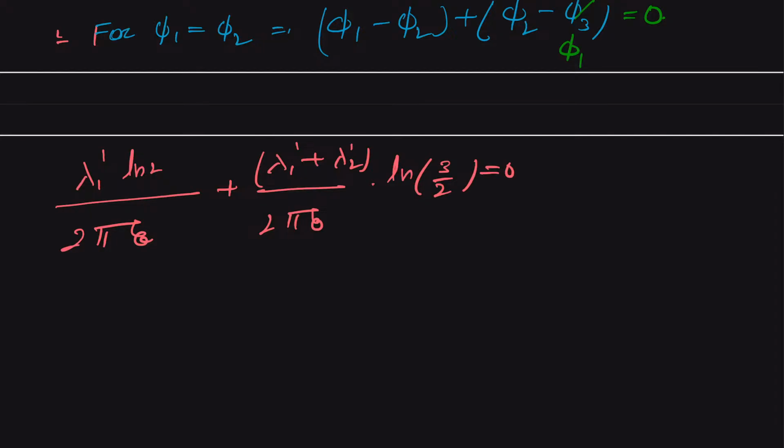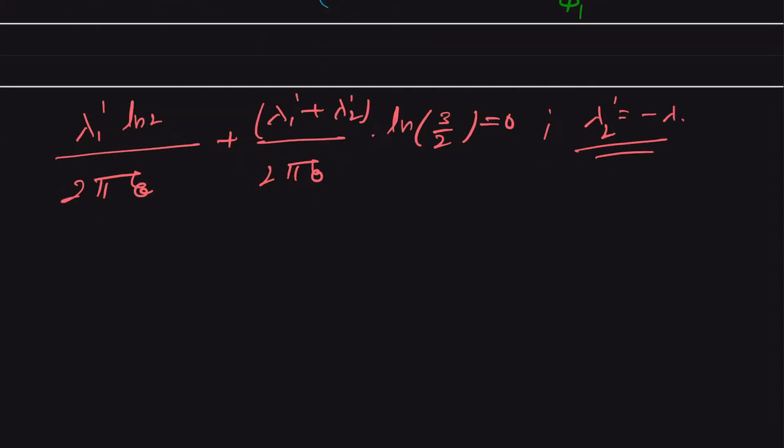And we know that lambda 2 prime is for our conductor 2 and its value is minus lambda, that is given to us. Therefore, ignoring the denominator, we get lambda 1 prime natural log of 2 plus lambda 1 prime minus lambda natural log of 3 by 2 is equal to 0.